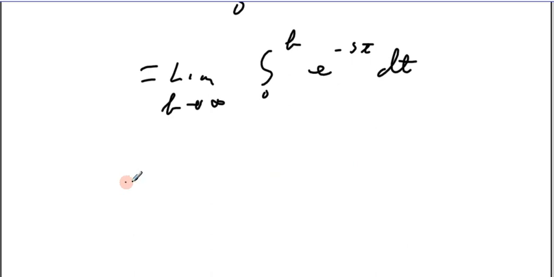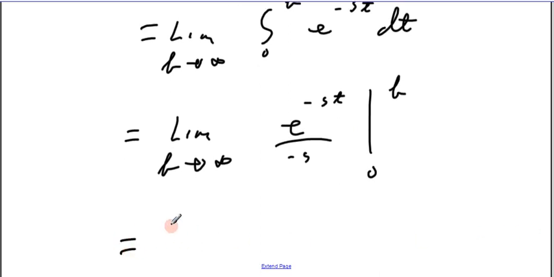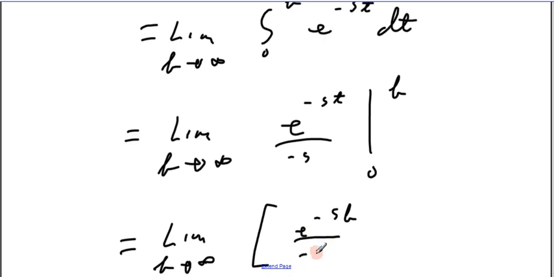And we end up with the limit as b goes to infinity of e to the minus st divided by minus s, evaluated from 0 to b. Okay, that seems reasonable. Limit as b goes to infinity. So I would have e to the minus sb over minus s minus e to the 0, which is 1, over minus s.